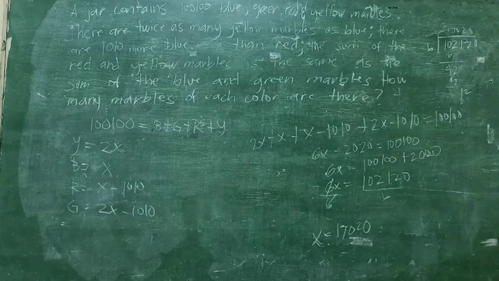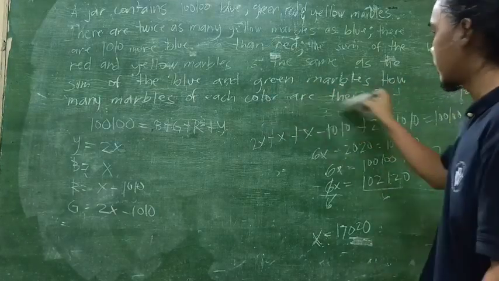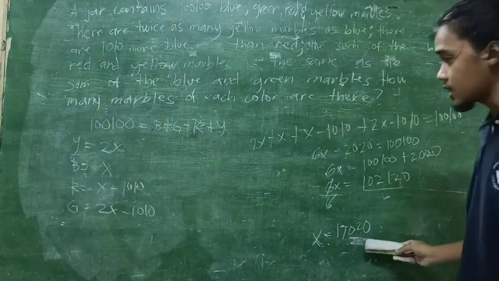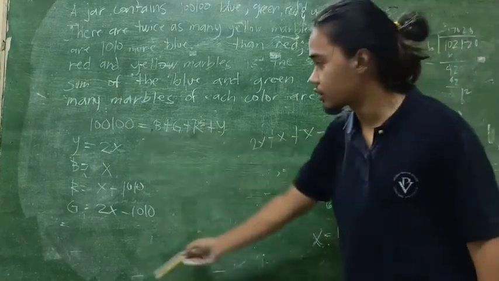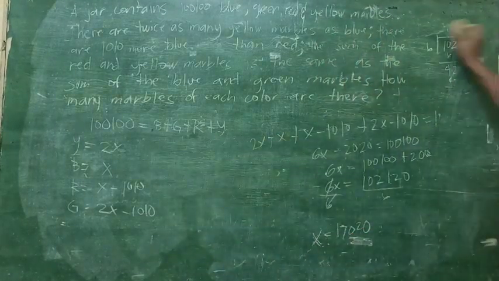Then, to answer the question how many marbles of each color are there, we just simply substitute x into the equations over there. So let me erase this.